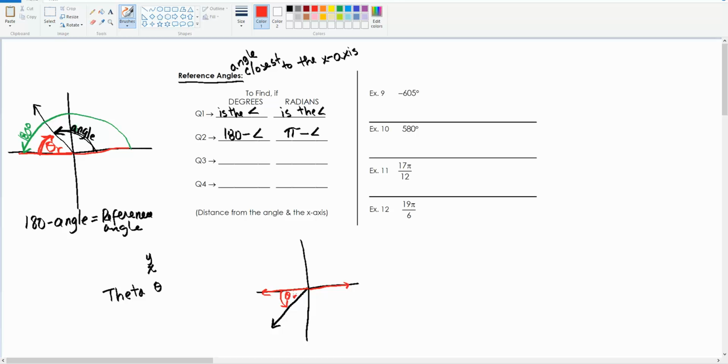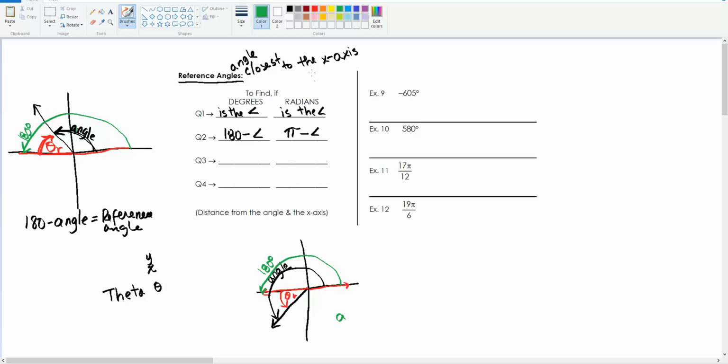Well, then how do we find it? Usually you know the angle, right? The angle starts here. We always start here. This is your angle, and you also happen to know that this is 180 degrees. So how do we find this part right here? Well, you take the entire angle, take away the 180, and you've got the leftover.